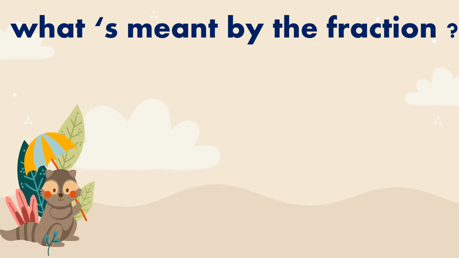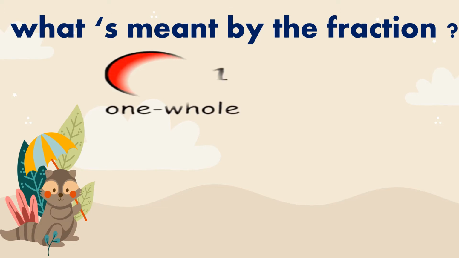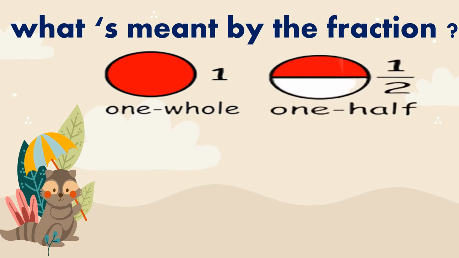What is meant by the fraction? Let's make a revision quickly about the fraction. How can I read and write? Here, 1 whole, all of the parts colored. Here divided into 2 parts, 1 colored and 1 not colored, so 1 over 2 or 1/2.